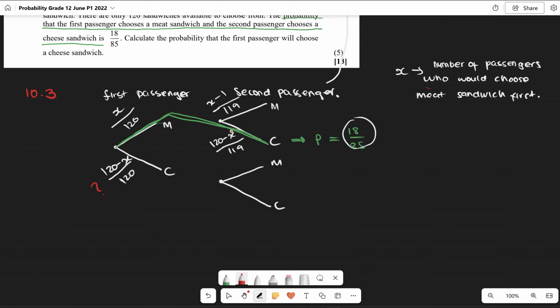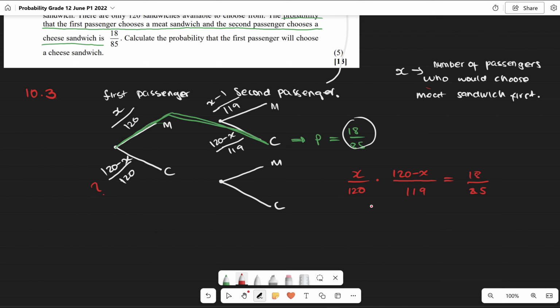To find this probability, we take this probability and multiply it with this probability right here. So we have x over 120 multiplied by 120 minus x divided by 119, and that is equal to 18 over 85. Now we can try to solve for x.